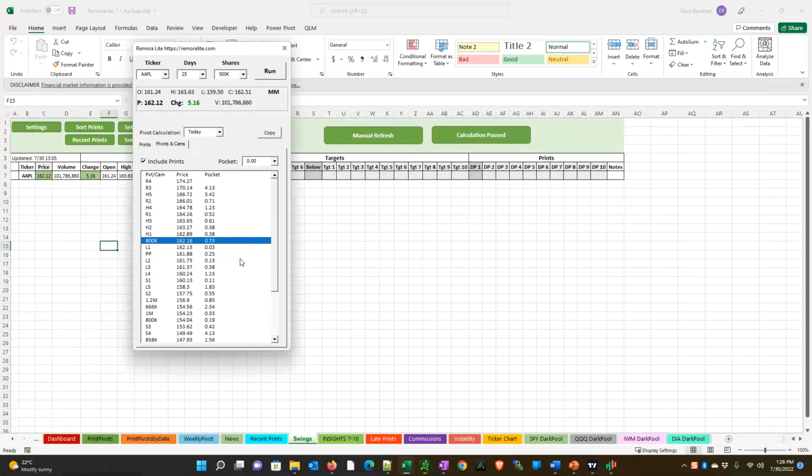Now, the interesting thing here is if you want to set a trade setup. So Apple, you might want to give it at least 50 cents or maybe even $1. So what I could do is put in a pocket size of $1. What that means is, where in all of the support and resistance today can I get $1?